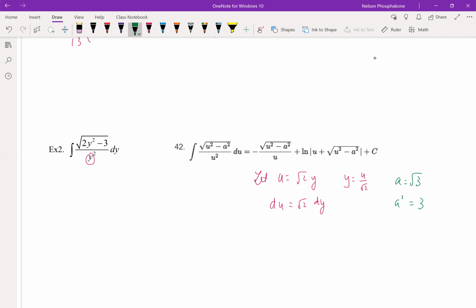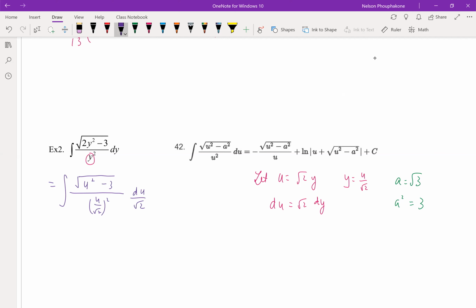Okay, so now if we understand this, let us work on this problem. Let me do the substitution first. I will have u squared minus a squared, and maybe I would like to make this a 3. And then the denominator will be u over square root of 2, squared, times u over square root of 2.